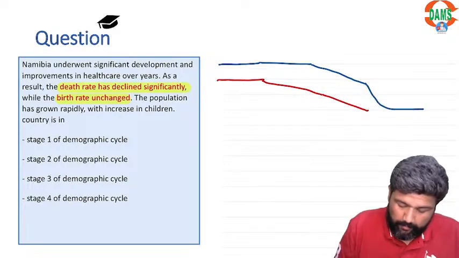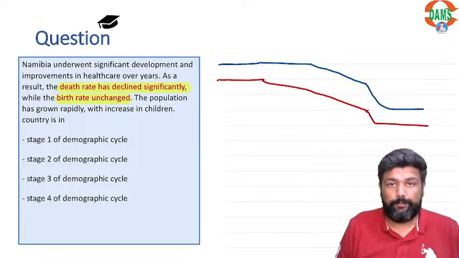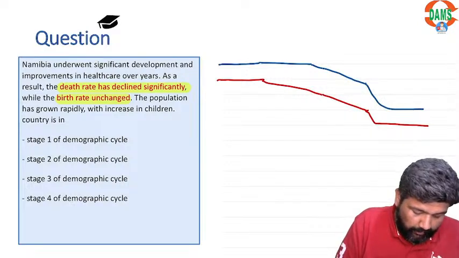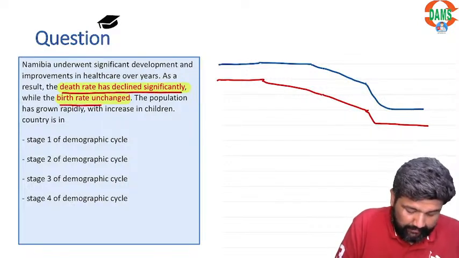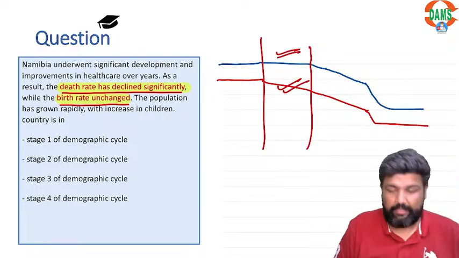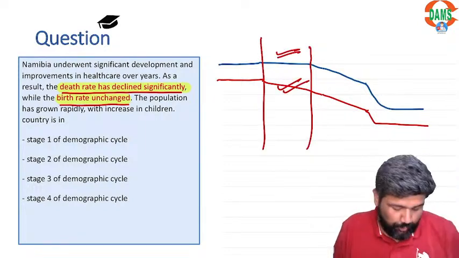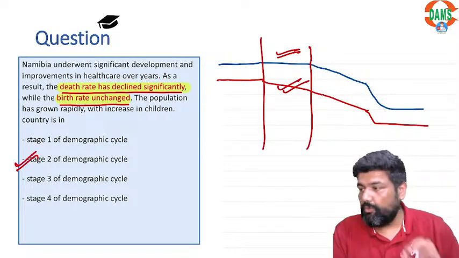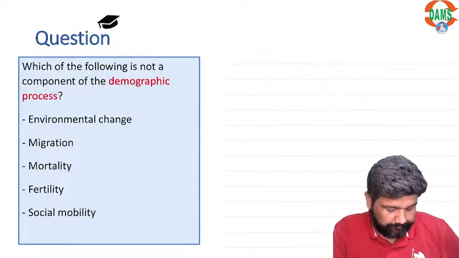Stage 4: both low. So here they are talking about death rate has declined but birth rate is unchanged. This is stage 2 of the demographic cycle.